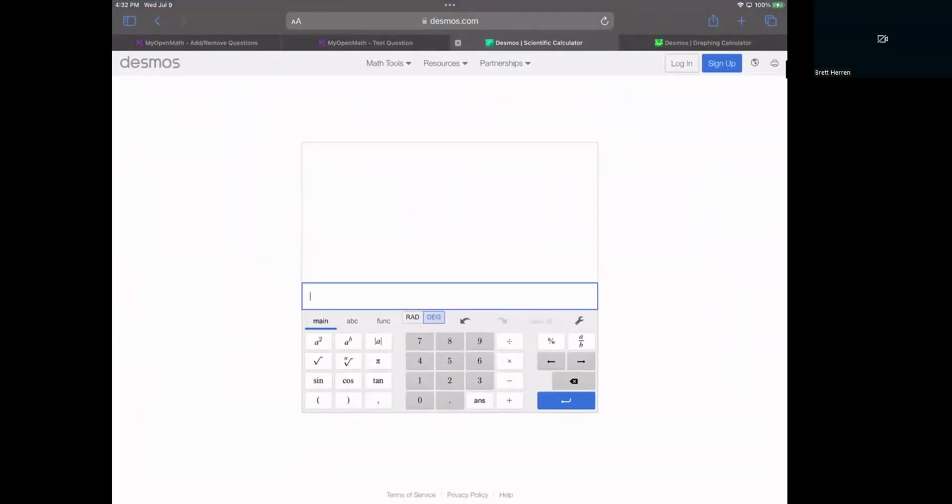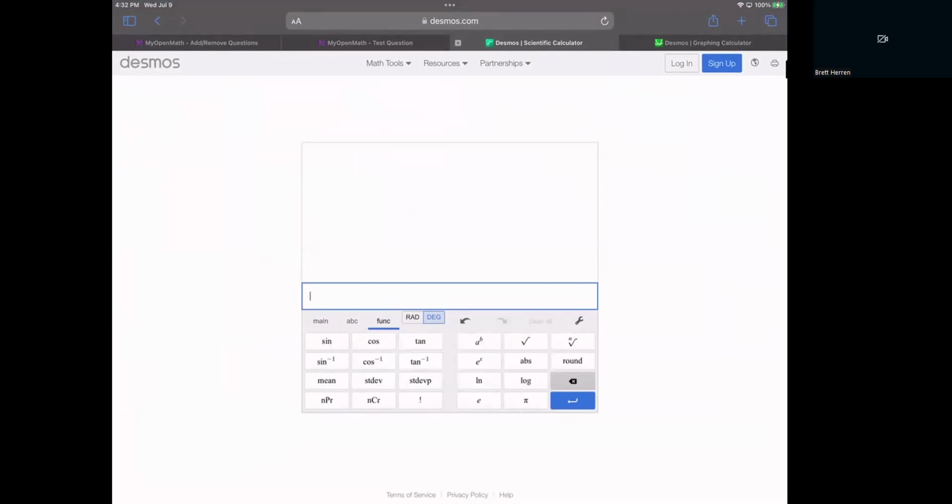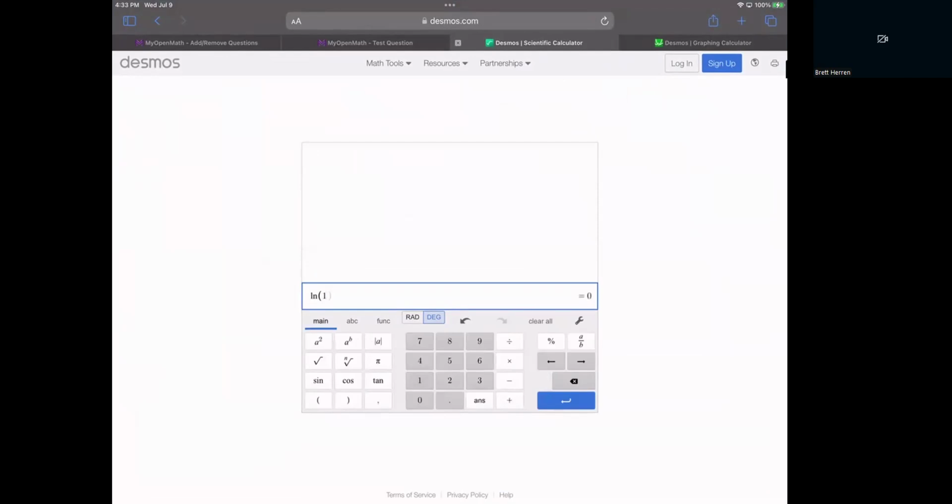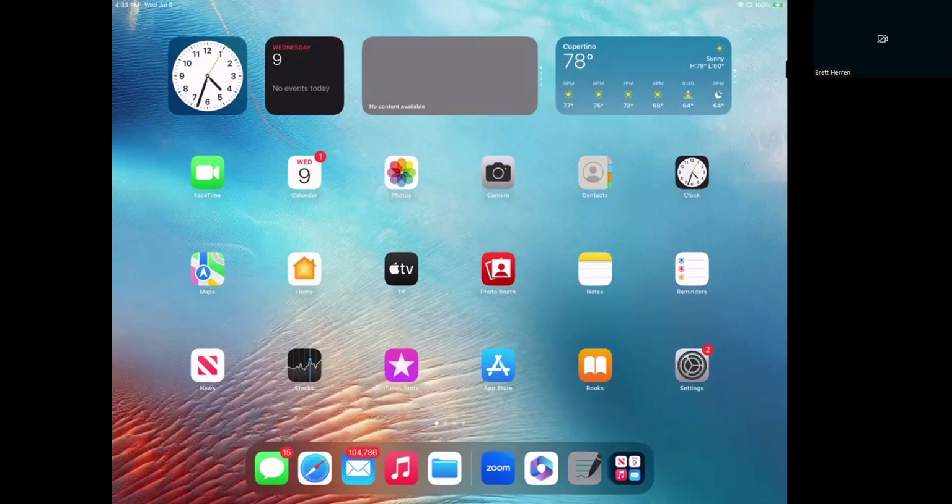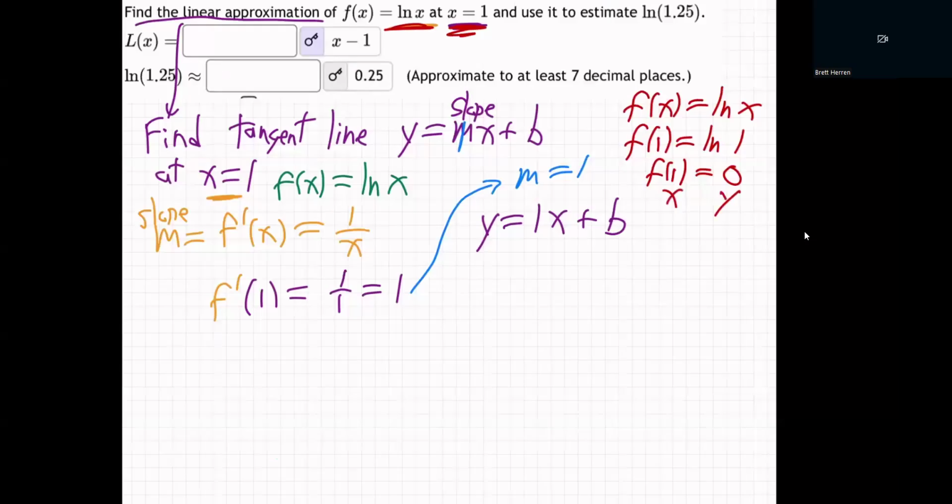Natural log of 1. If I go to functions, natural log of 1, see, there it is, it's 0. Natural log of 1 is 0. So I go, okay, so what does that mean? Well, that's the x, that's the y. Remember, whenever we plug into a function as x, whatever it equals is y. So that means x is 1, y is 0.